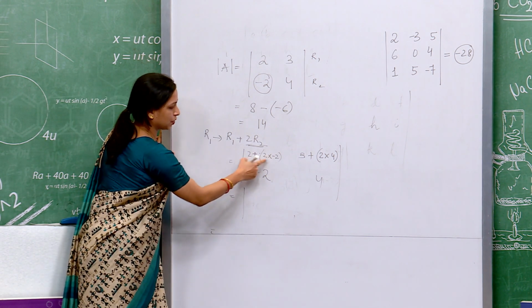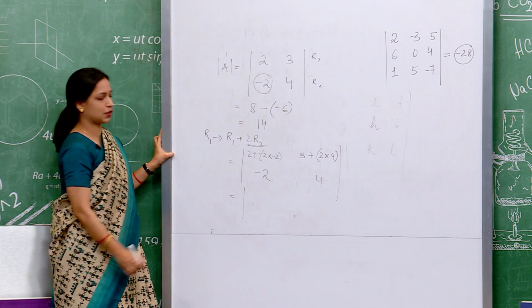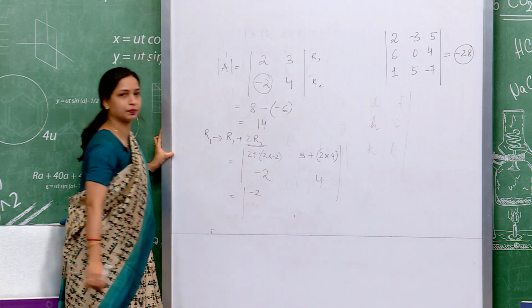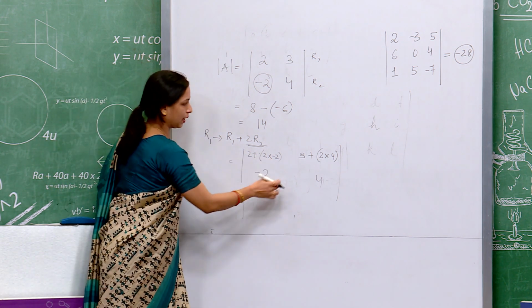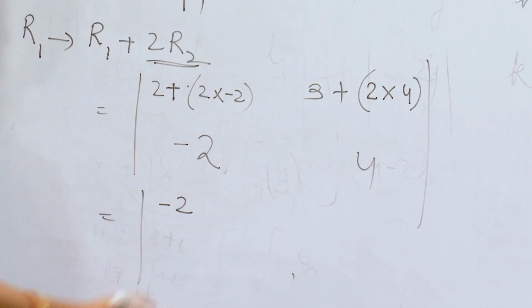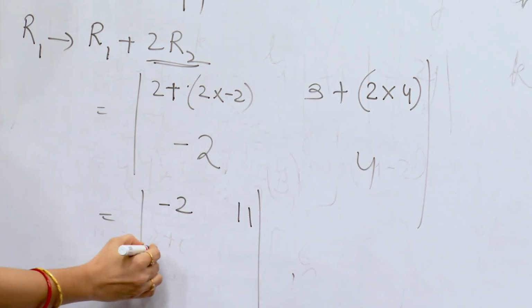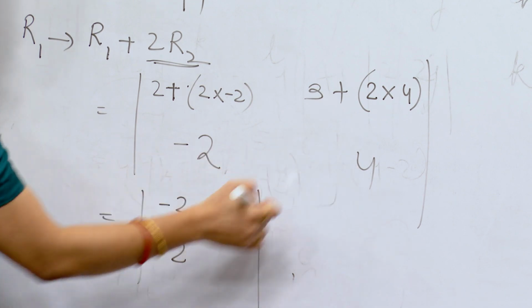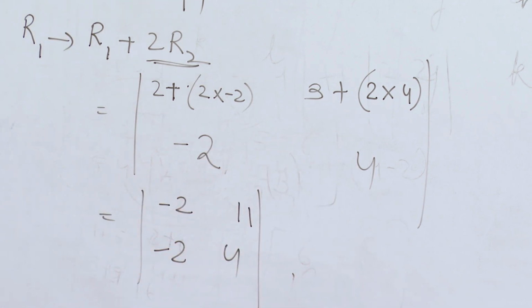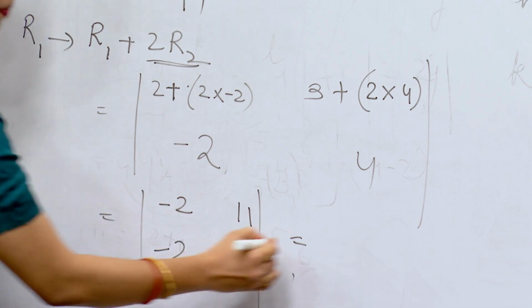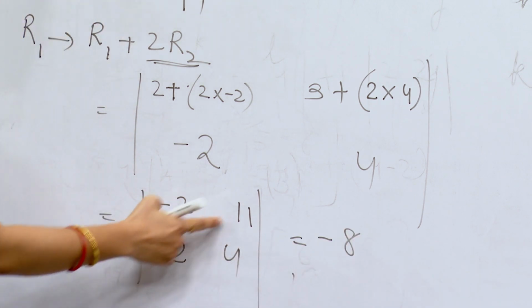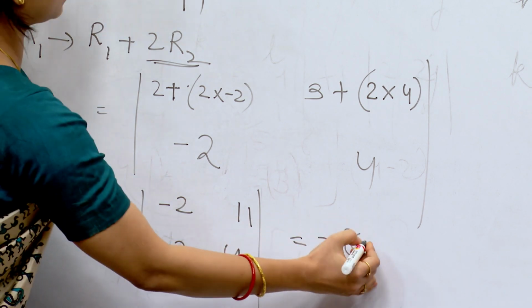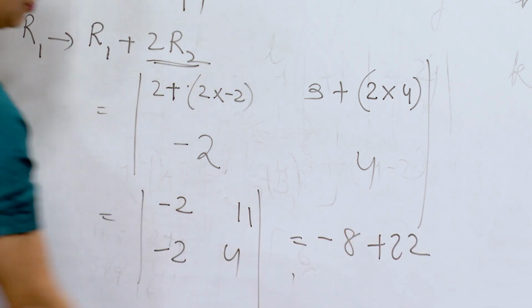Now, how much is this? 2 minus 4, that means this is minus 2, 2 plus minus 4, right. This is 3 plus 8, 11, this is minus 2 and this is 4. Okay. So, here we get how much? Minus 2 into 4 is minus 8, minus this will become plus 22.